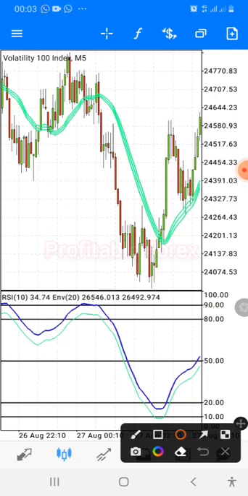Do not depend on anybody to give you signal. Okay, I see people telling me, can I join your signal group? I don't have a signal group. Okay, I don't give signals. I teach you to be able to detect a buy and a sell signal by yourself.